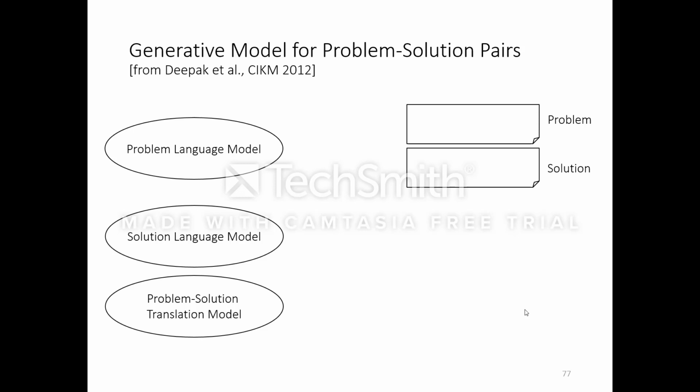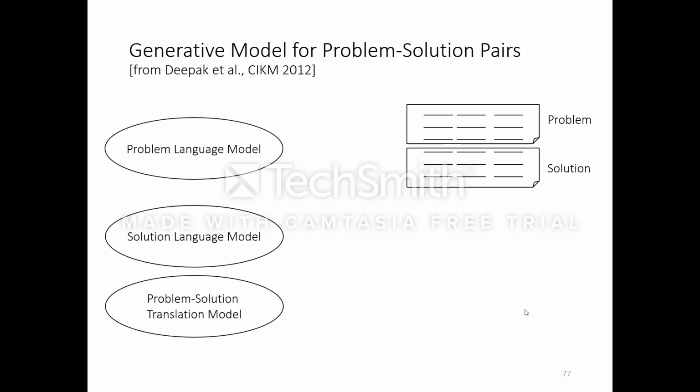And the script goes like this. In order to create the problem part, you just repeatedly sample words from the problem language model. Okay, and once you have done that, you have created the problem part, and now you need to create the solution part. For that, you can sample some words from the solution language model and some words from the problem solution translation model, which is conditioned on the words that are already chosen for the problem part, right?